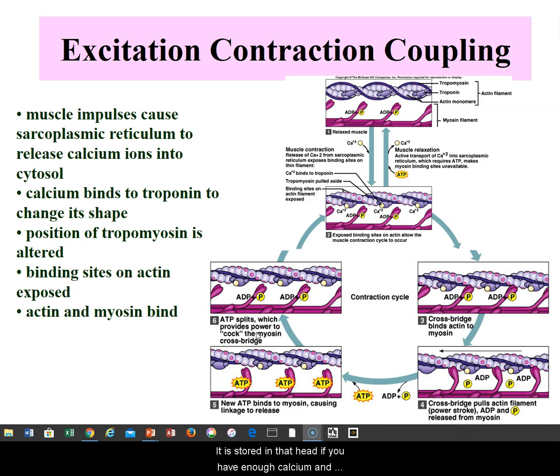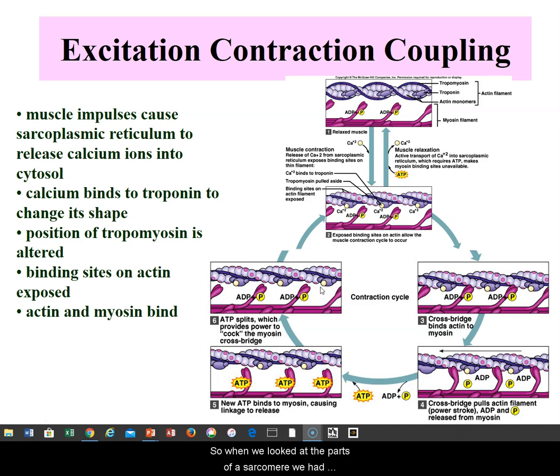If you have enough calcium to keep those active sites exposed, you can have another cross bridge, one after the other. So you have to have plenty of ATP and plenty of calcium for muscle contractions to happen, and that's called the power stroke and the sliding filament theory.